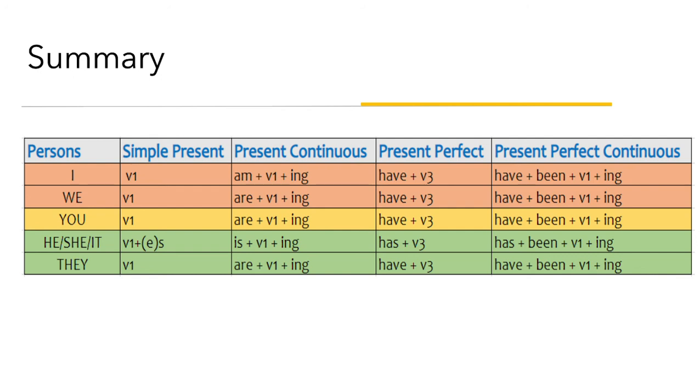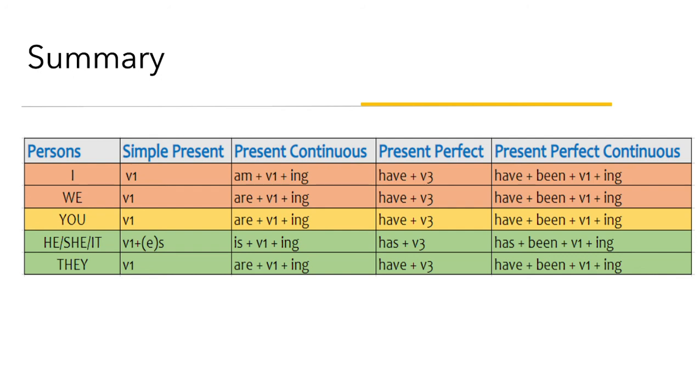Like if you take I, with I, the simple present is just the first form of the verb. Present continuous for I is am plus verb plus ing. For present perfect, it's I plus have plus the third form, and present perfect continuous is I plus have plus been plus v1 plus ing.